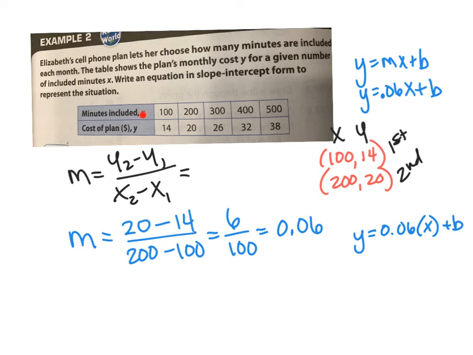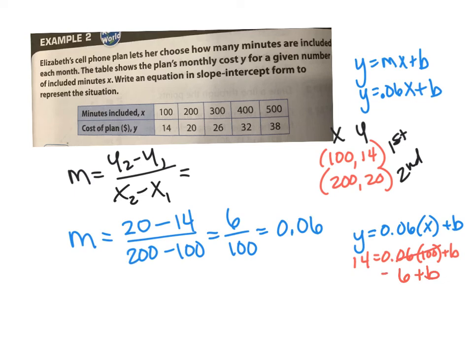So we're going to substitute for x 100 right there, and we're going to substitute for y 14 right there. So I'll rewrite that. 14 equals 0.06 times 100 plus b. Calculate here, 0.06 times 100 is going to be 6 plus b.